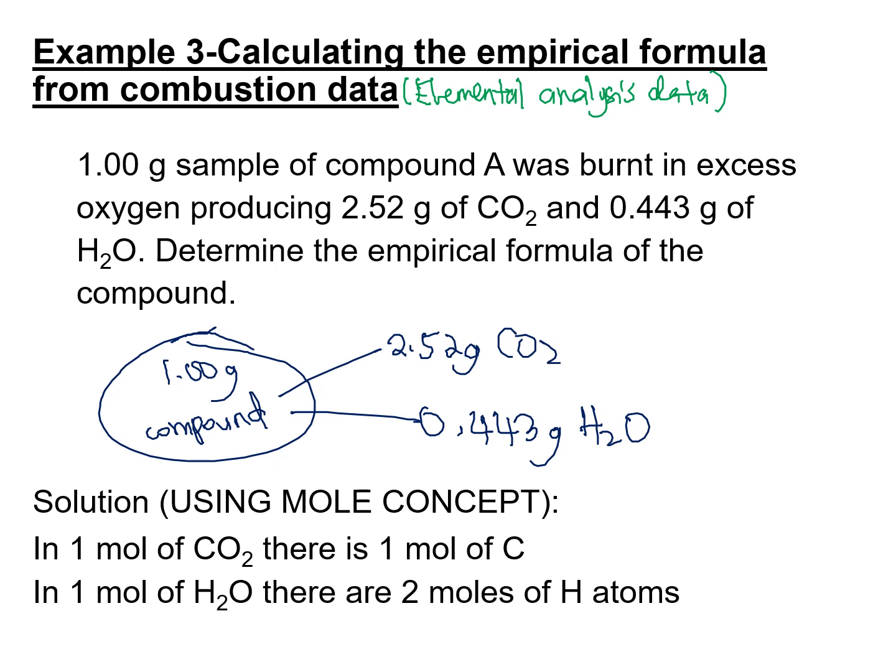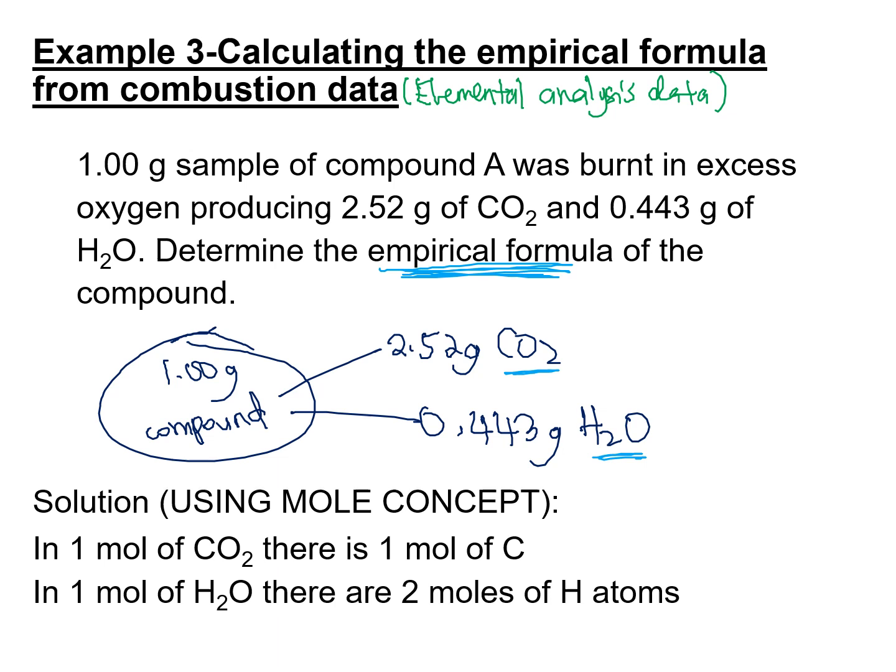Okay, by definition, you should know the empirical formula is the simplest ratio for elements in a compound. The compounds here are CO2 and H2O. But what elements are involved?